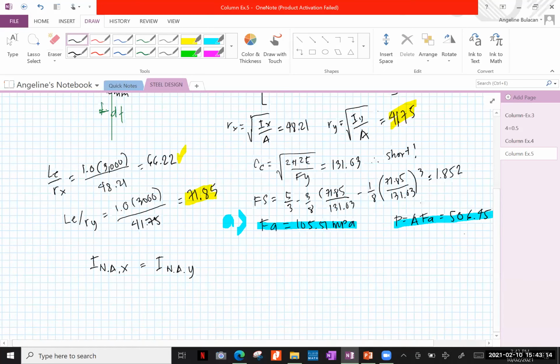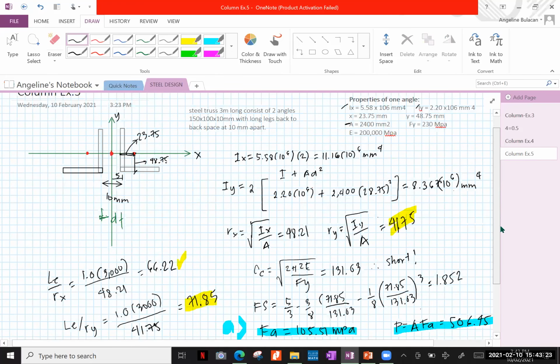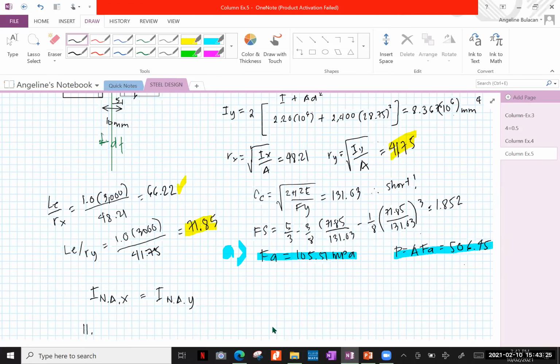So, 11.16 times 10 raised to 6 is equal to the moment of inertia sa y.